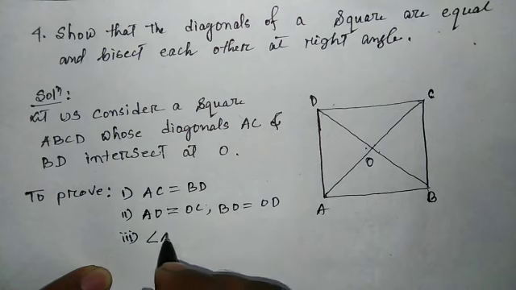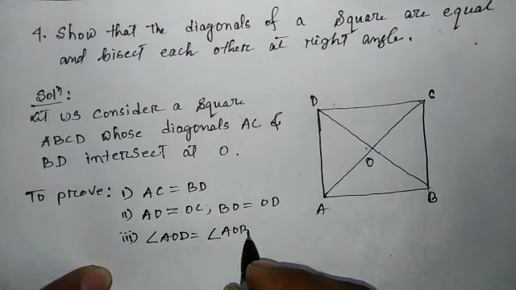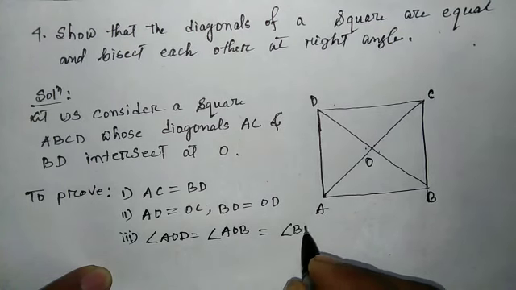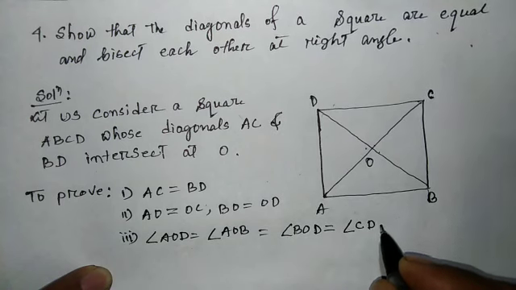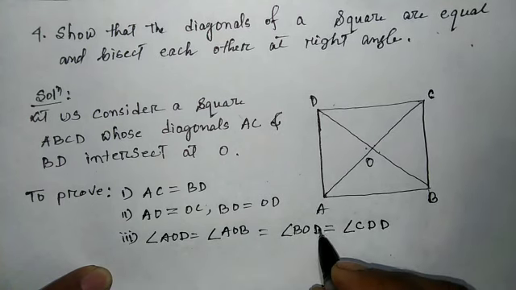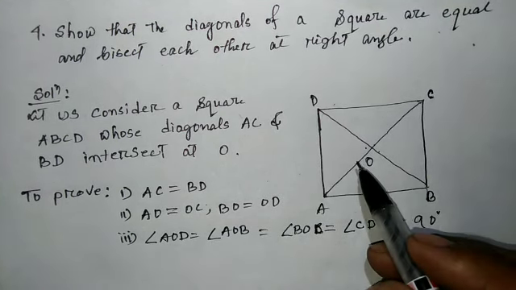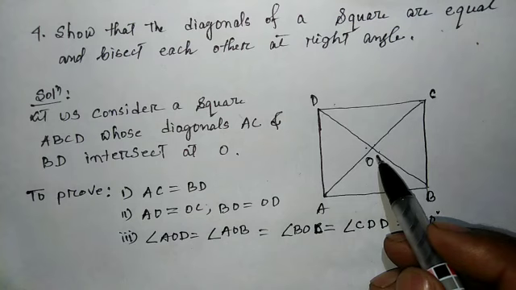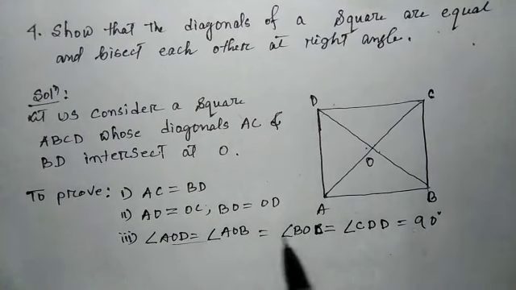We need to prove that angle AOD, angle AOB, angle BOD, angle COD, angle BOC are each 90 degrees. It is sufficient if we prove one of the angles is 90 degrees, then all angles will be 90 degrees.